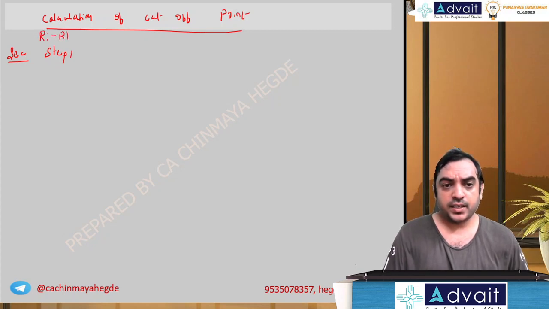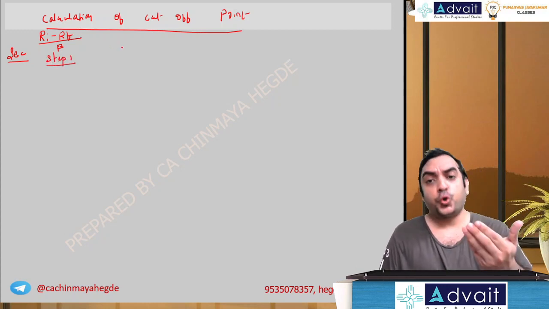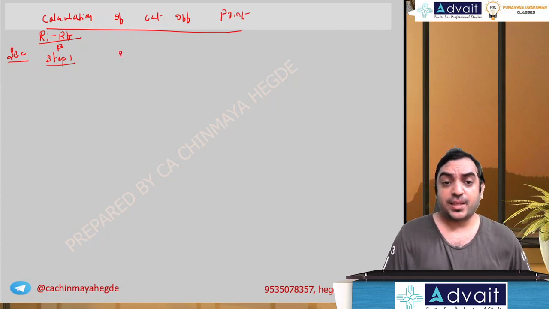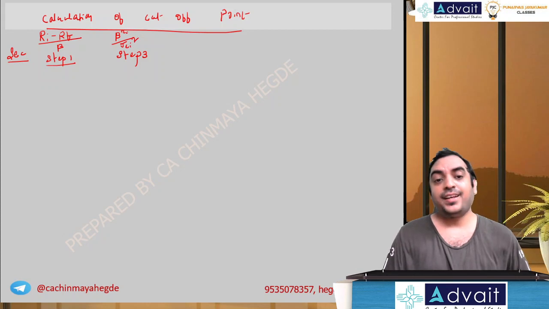Ri minus Rf divided by beta. We already calculated step 1, so I'm going to make use of that. Then for me to go to step 2, I'll first calculate step 3, because I told you mathematically it's easy for me to calculate. What is step 3? Step 3 is calculated by beta square by sigma ei square.